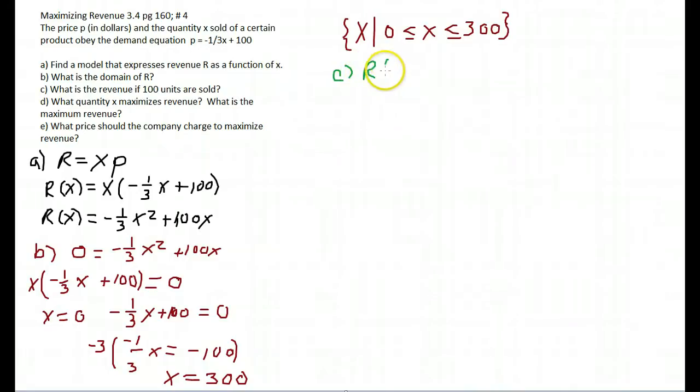We're going to say R of 100 equals negative 1/3 times 100 squared plus 100 times, and in place of x we put 100.